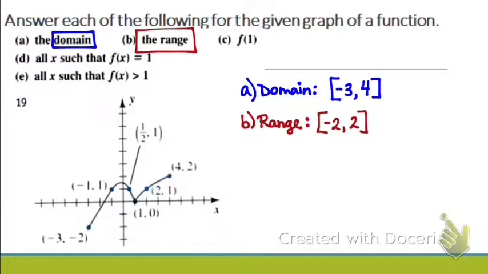Part C is asking for something very, very different. You had a question, Anthony? If one of the points was higher than the one at the end, would that be the highest point on the range? Yes.